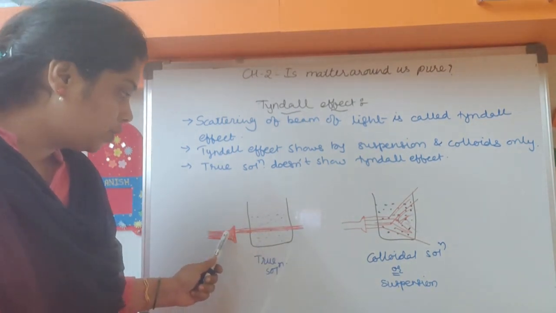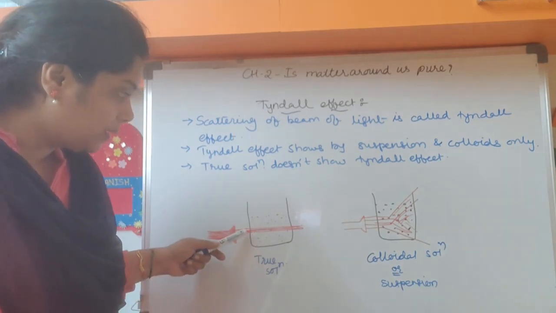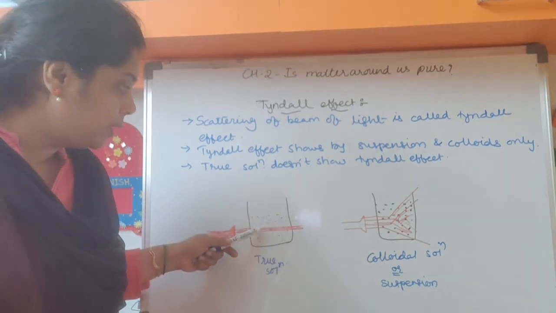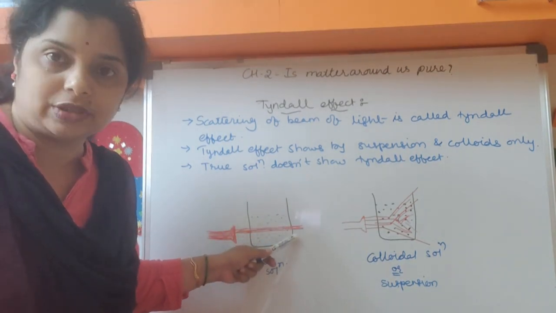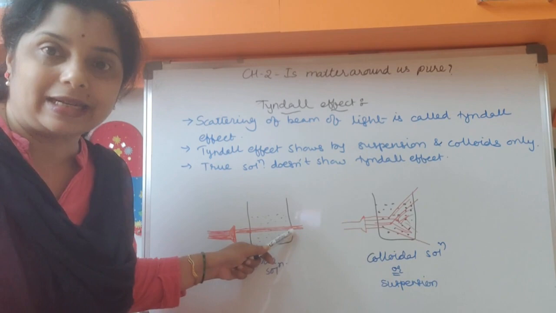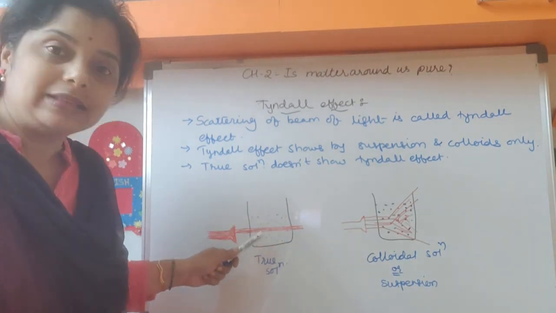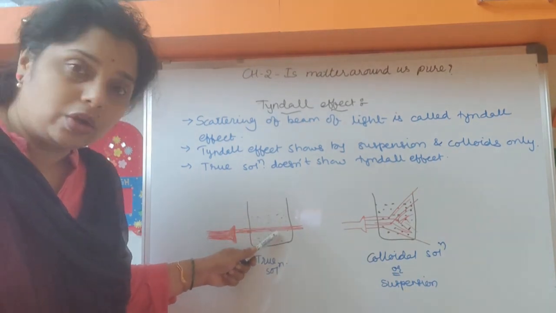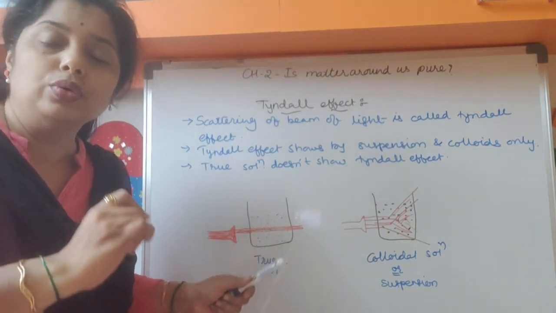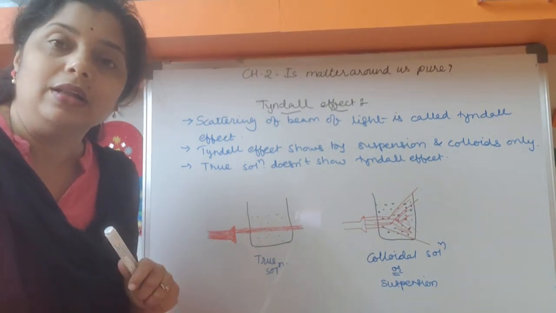When the torch is on, the light beam falls on the beaker and moves in a straight direction. It can't scatter. Scatter means the direction changes. It can't scatter because the particles of the solute are too small to scatter the light.